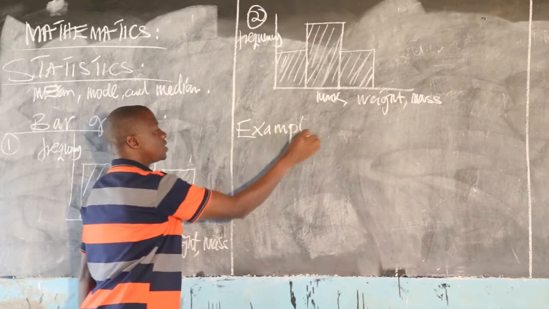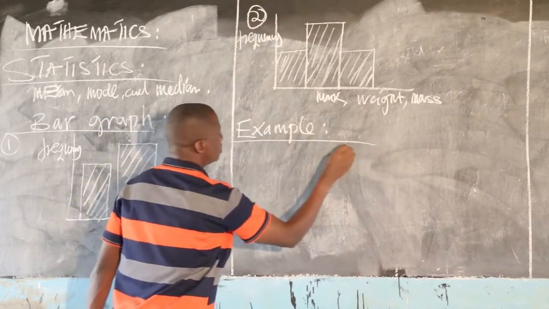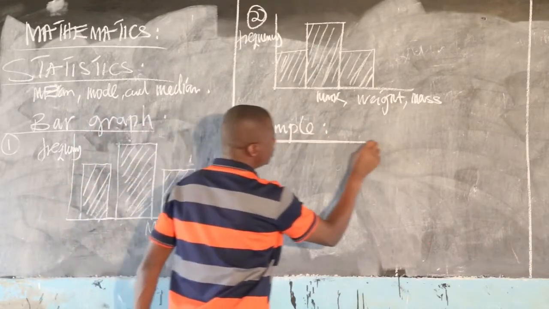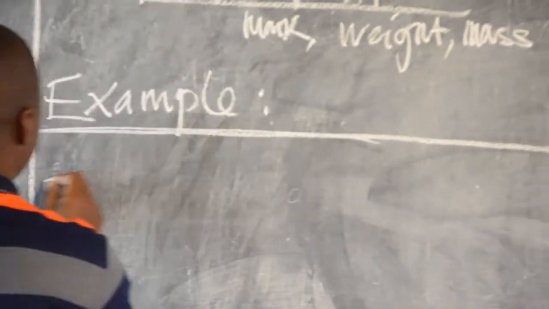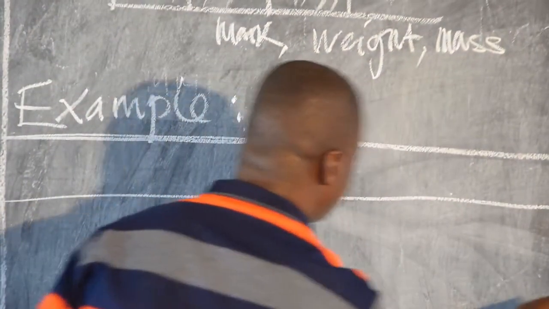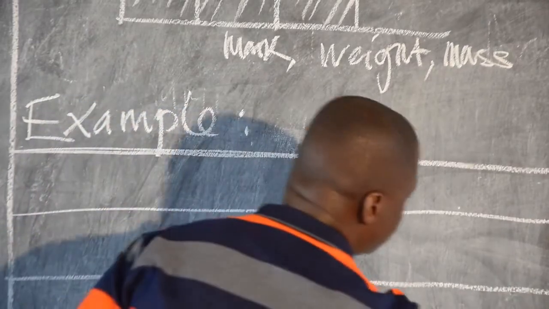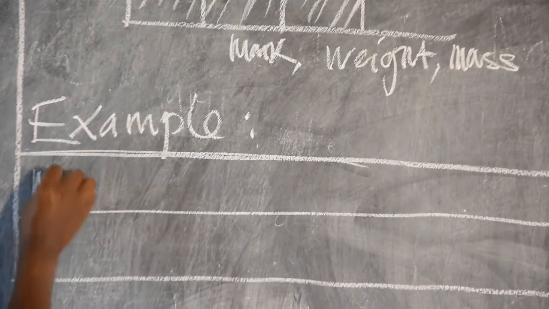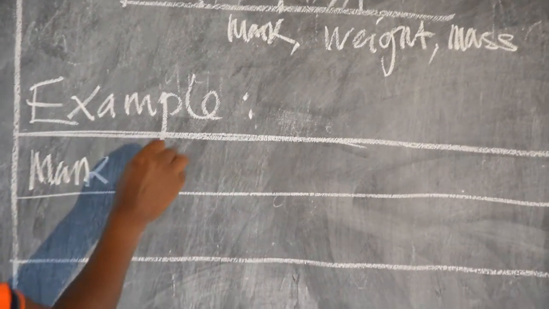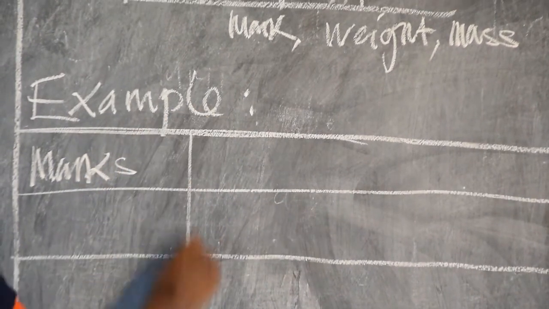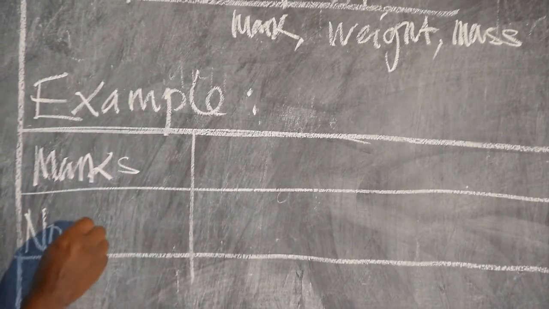We have our table here. These are marks, and these are number of students.